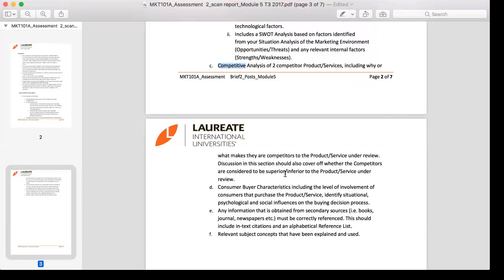Let me give you an example. When the iPad was launched by Apple back in 2010, arguably they were the first in the tablet computer category. Therefore the competitors they looked at the time were netbooks, laptops, and desktop PCs. So they had competitors, but probably not in tablet computers.